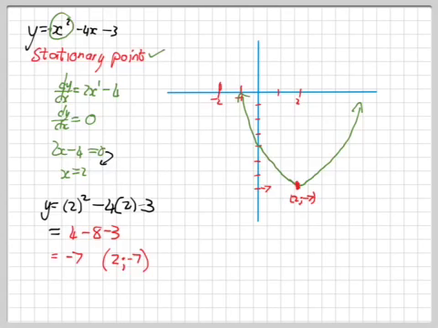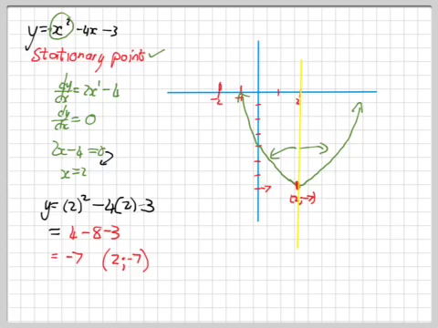And I apologize for my parabola not being of the best quality here, but it would be a parabola looking like that, which is symmetrical around x equal to 2. So there, it would be symmetrical around that point. Again, just meaning that the one side of the graph looks exactly the same as the other side of the graph.